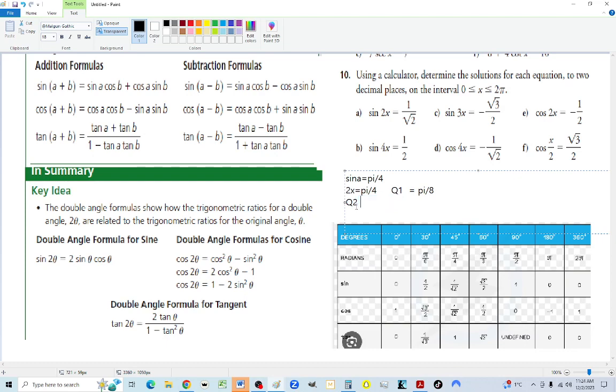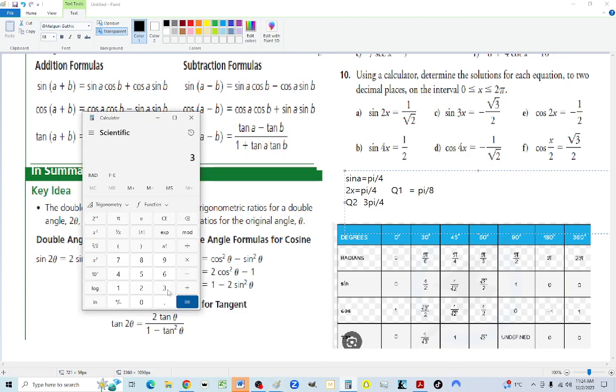Quadrant 2, pi over 4 will be 3 pi over 4. So that's the one I should be doing. If I take 3 times pi and divide it by 4 and take the sine, there you go.